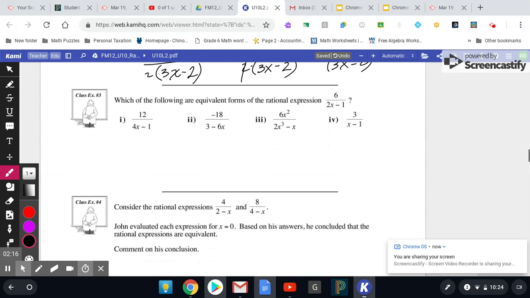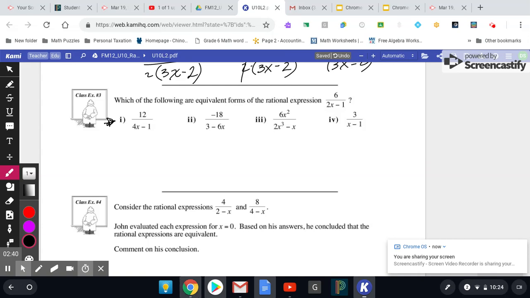All right, which of the following are equivalent forms for the rational expression 6 over 2x minus 1? All I simply have to do is factor if possible. I cannot break this one down at all. There's nothing I can do to it. I can't divide out by anything because what you do to one thing, you have to do to everything. So no matter what you do, this cannot be factored.